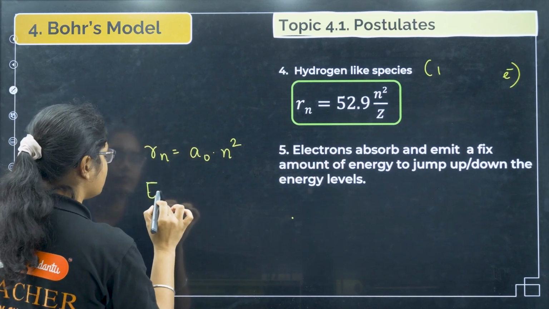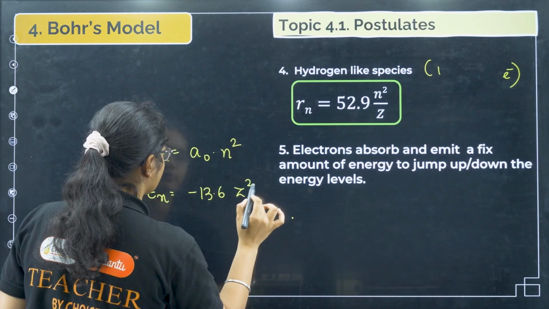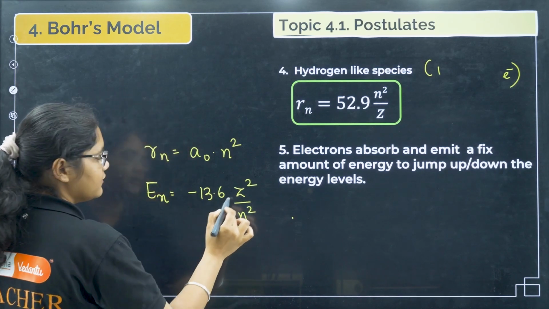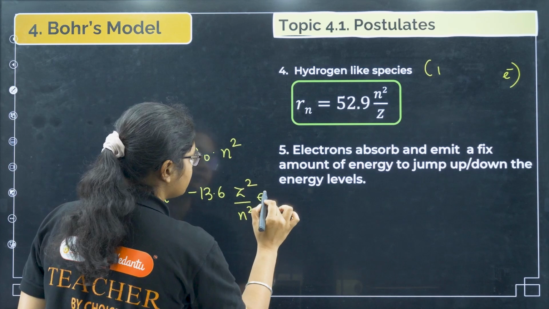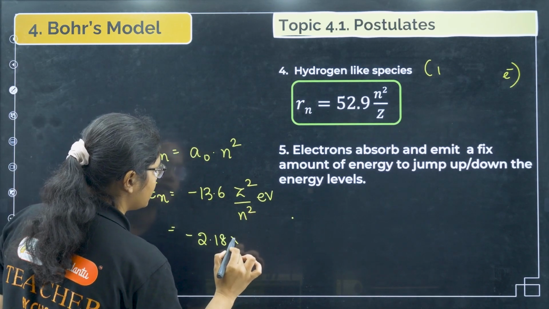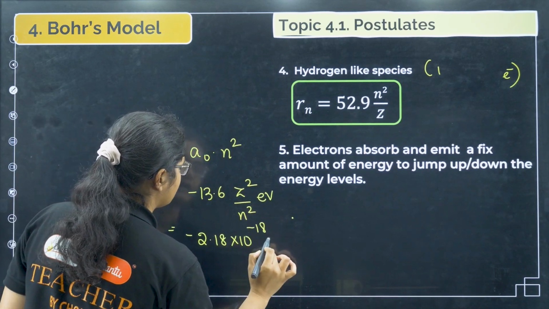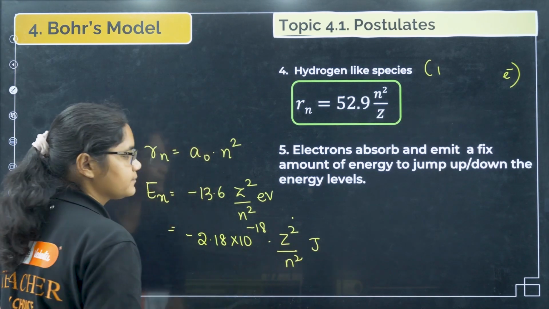The En value we calculate is minus 13.6 Z square by n square in eV, where Z is for any other hydrogen-like atom. If I want to calculate in joules, it is minus 2.18 into 10 to the power of minus 18 Z square by n square joules.